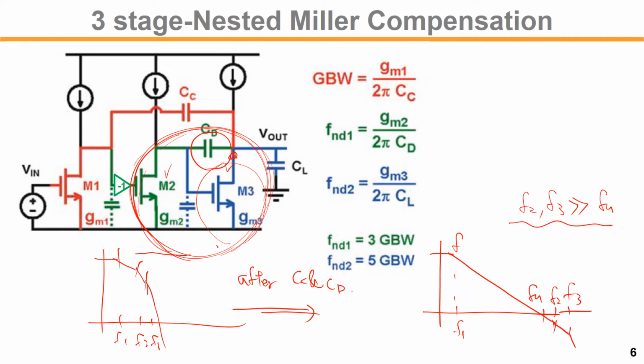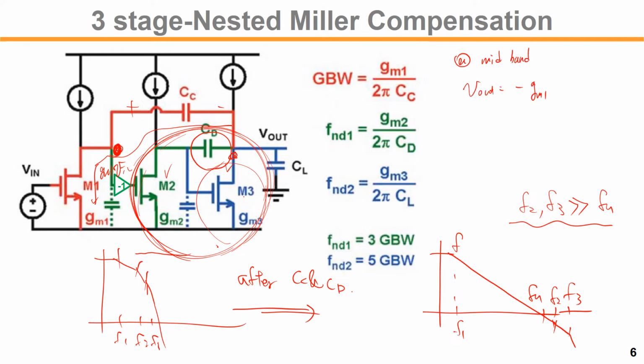Overall GBW is the same: GM1 times V-in current will flow through the CC compensation capacitance, and then the output voltage is determined. Because the second and third gain is large enough, we can assume that this node is AC ground. If that is the case, at midband the output voltage is what?